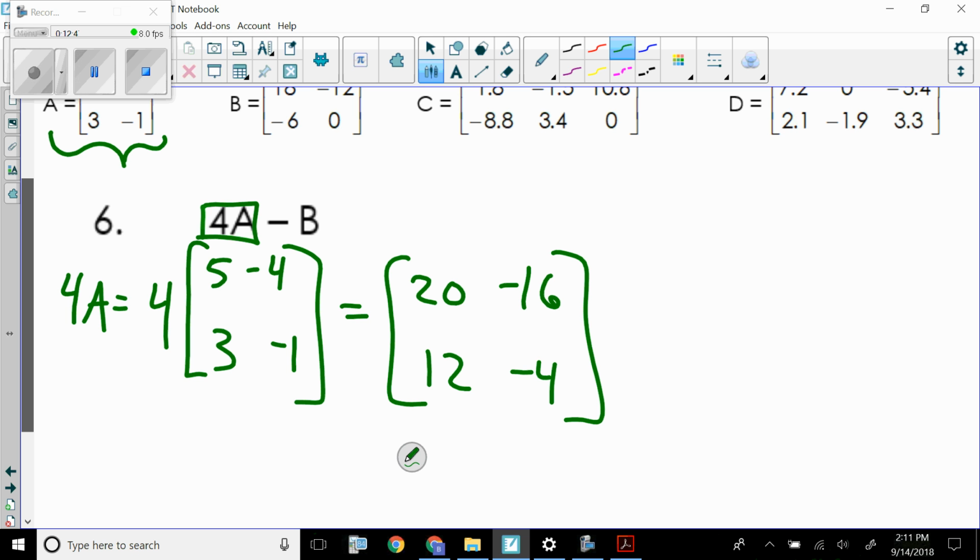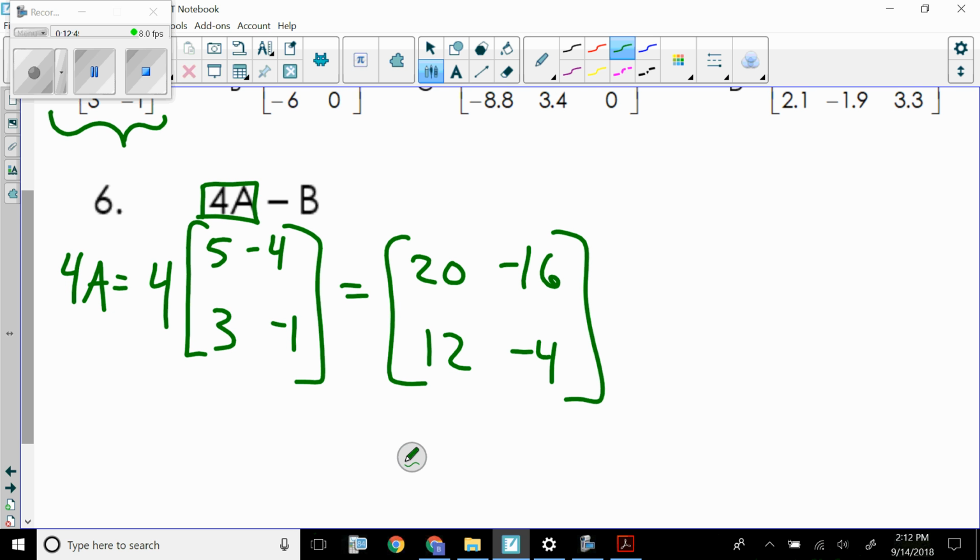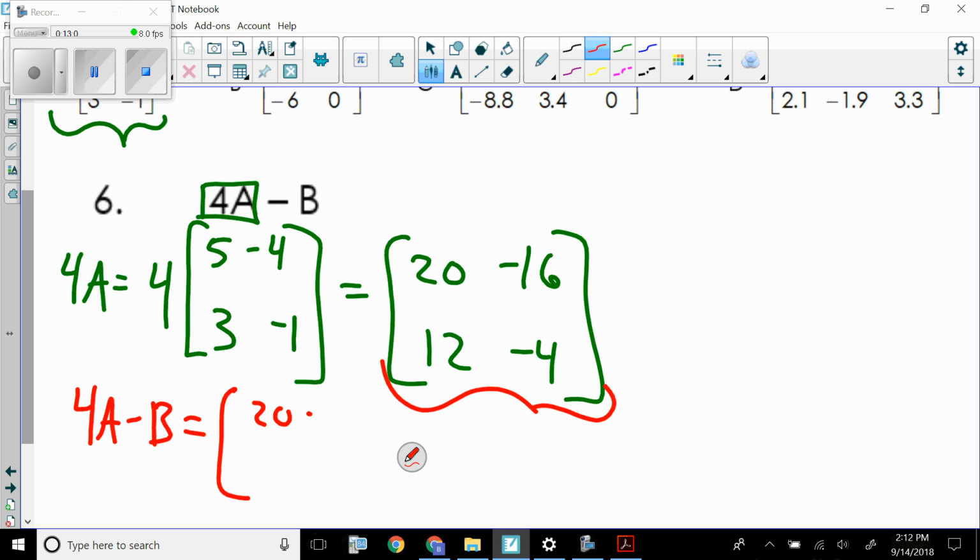Well, what am I supposed to do after that? I am supposed to have 4A minus B. Well, I already know that 4A was this part over here: 20, negative 16, 12, negative 4.